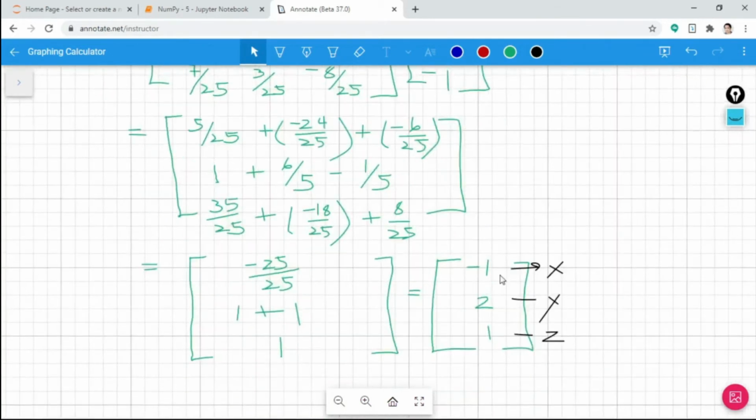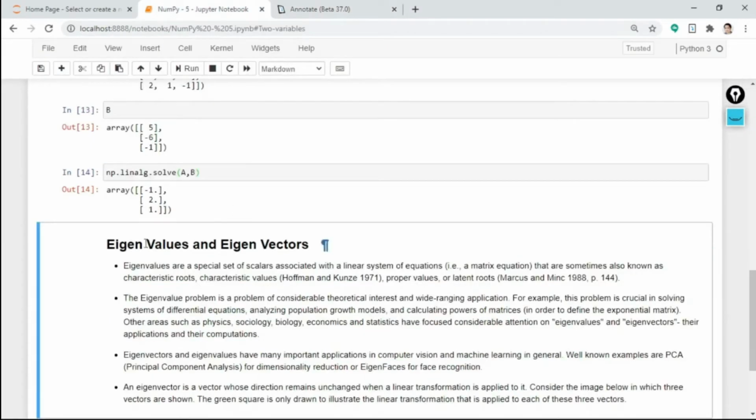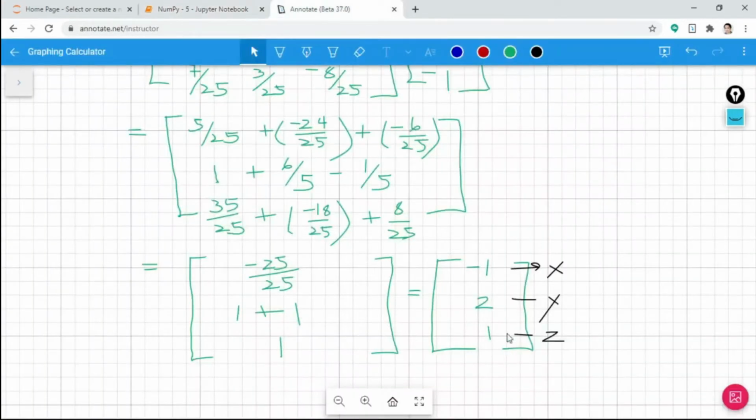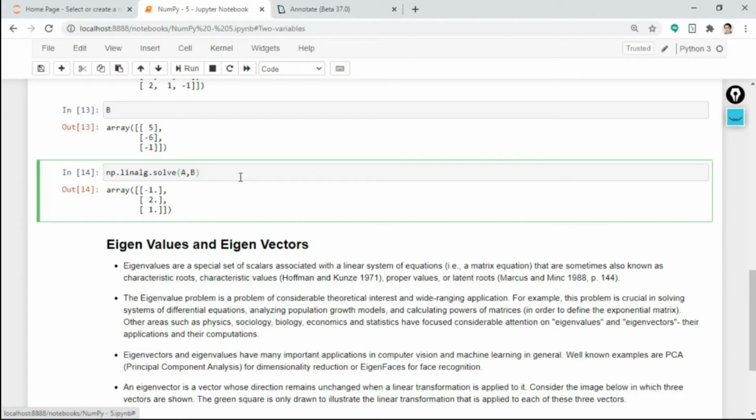So our solution will be negative 1, 2, and 1. So the same. So negative 1, 2, and 1. So that will be the solution for the system of linear equations for 3 variables.